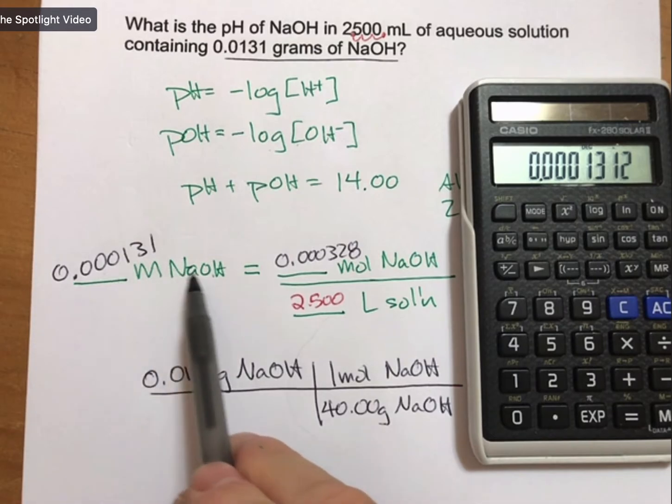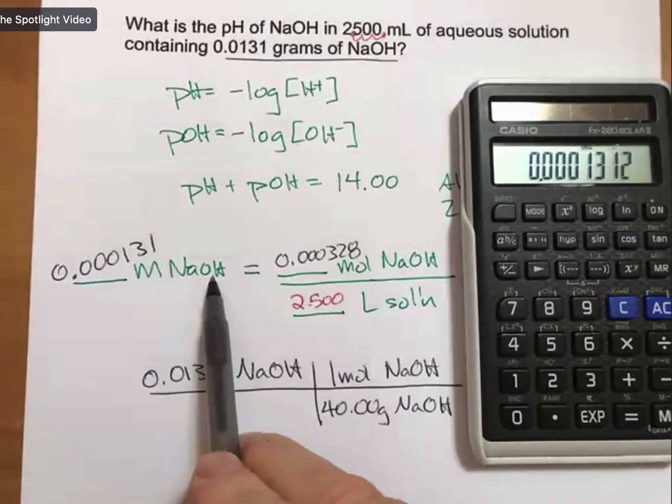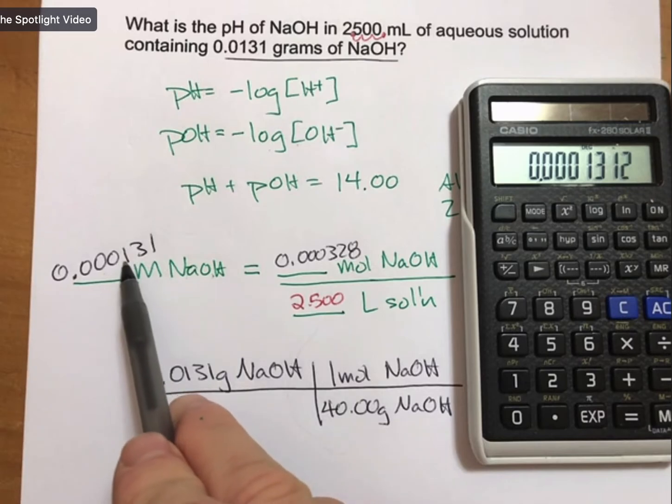Sodium hydroxide breaks up 100% into sodium ions and hydroxide ions. So this is also the concentration of my hydroxide ion.